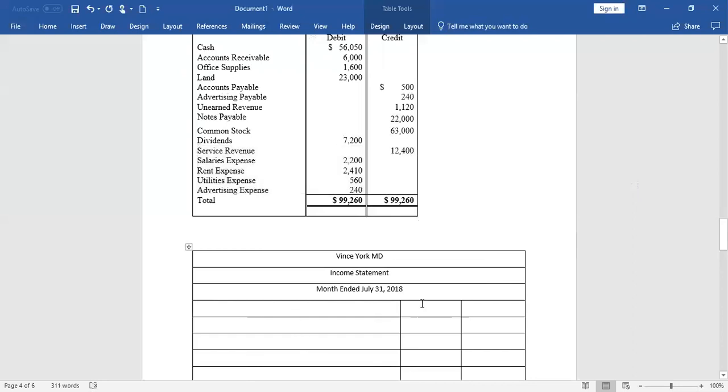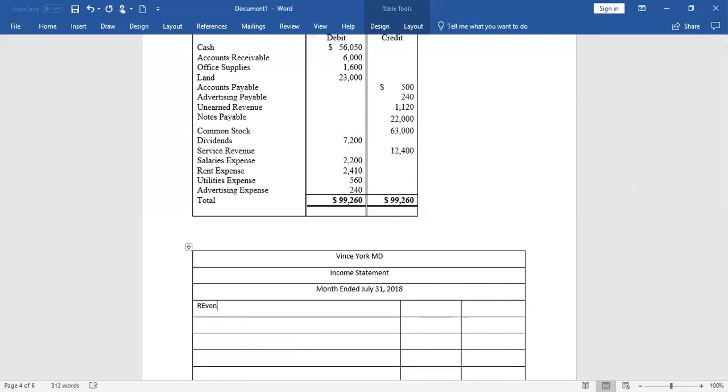So one other thing to remember is on an income statement, one column is not the debit column, the other is not the credit column. We learned this financial statement in Chapter 1 before we even started talking about debits and credits. We have 2 columns because of the way we subtotal and then determine finally net income or net loss.